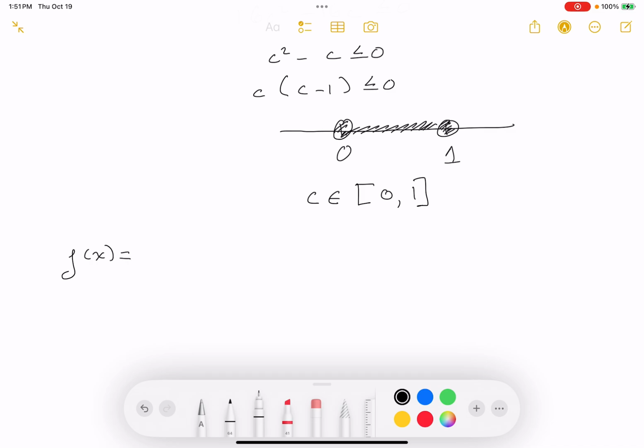The original function was, I'm going to look it up again, x squared plus 2x plus c over x squared plus 4x plus 3c. I think we rewrote that, if you remember, as 1 minus (2x plus c) over x squared plus 4x plus 3c. I don't remember, but I could always look it back up.